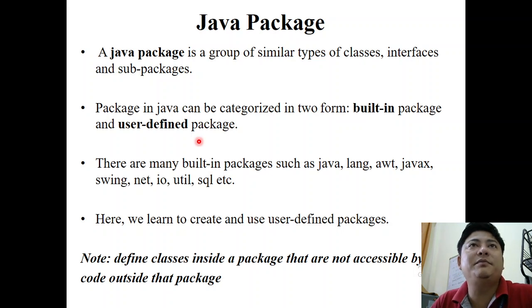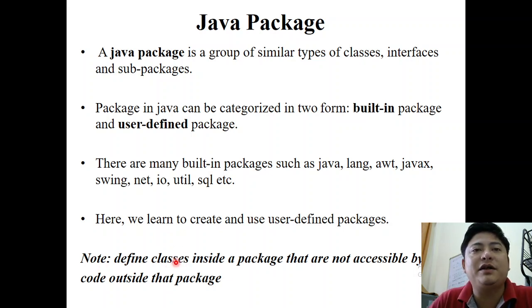I'll use the term package, because the logical meaning of all those words is the same. Whenever we work with a package, it is important to know that whenever we define any classes or set of classes under any package, those classes are not accessible outside the package.